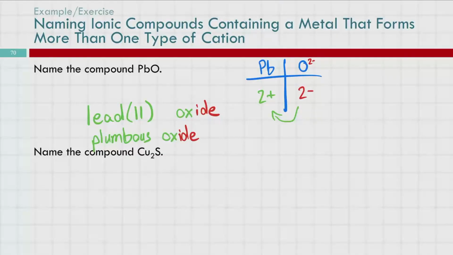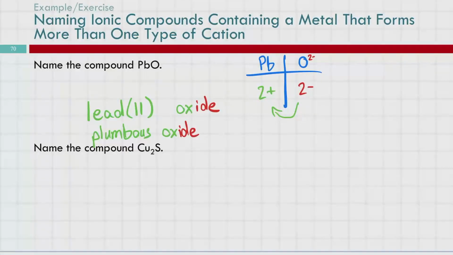Okay, then go ahead and try naming the compound Cu2S. All right, what do we have for Cu? Cu is copper. Do we know what charge it is immediately?